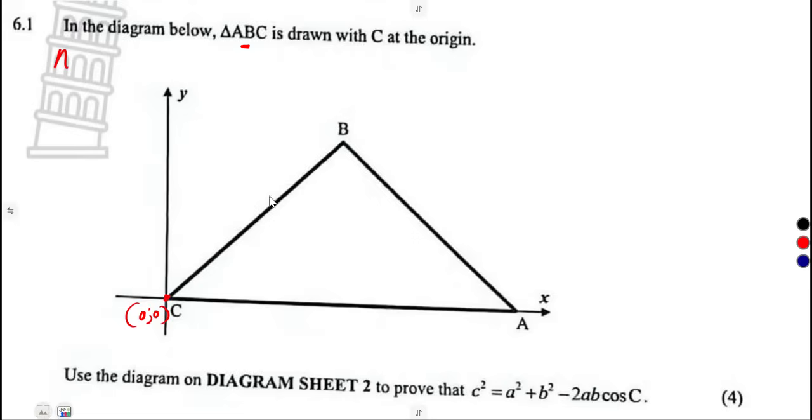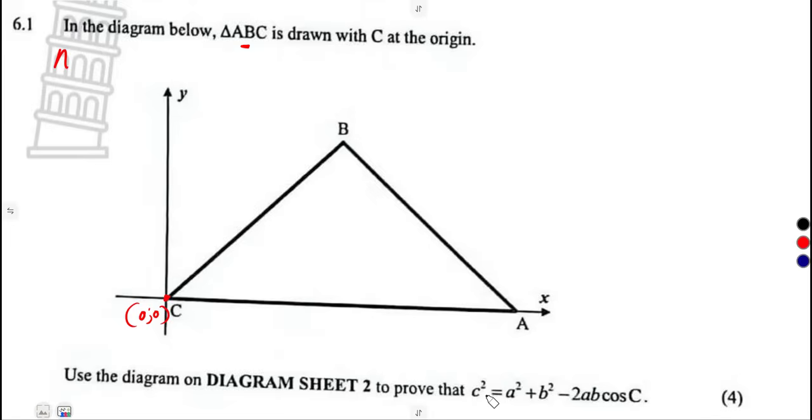When you're working with a Cartesian plane, try by all means to find the length between the 2 points. Remember your distance formula. When you are given 2 points, we can find the length of AB, the length of BC, and the length of AC. So you use that concept.